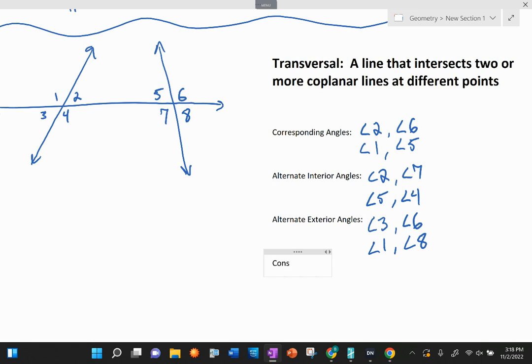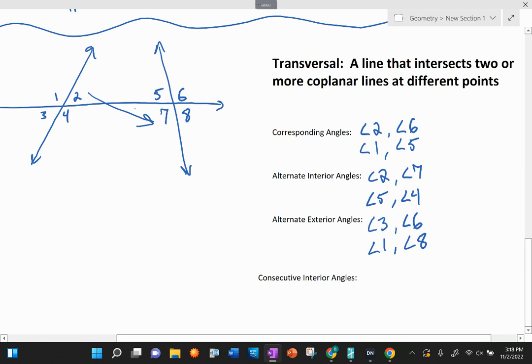We will also have consecutive interior angles. Okay, and the consecutive interior angles would be, we're thinking now inside, okay, because we're interior, but it's now no longer looking like diagonally this way.